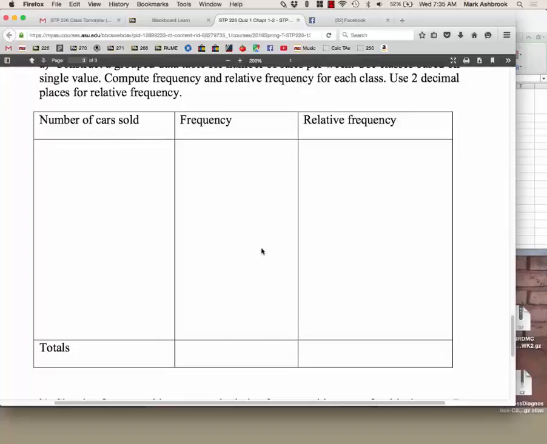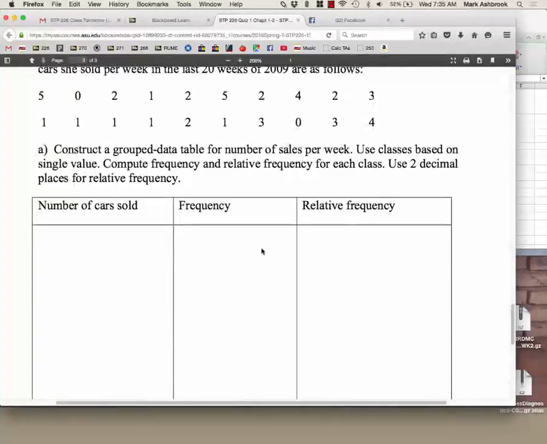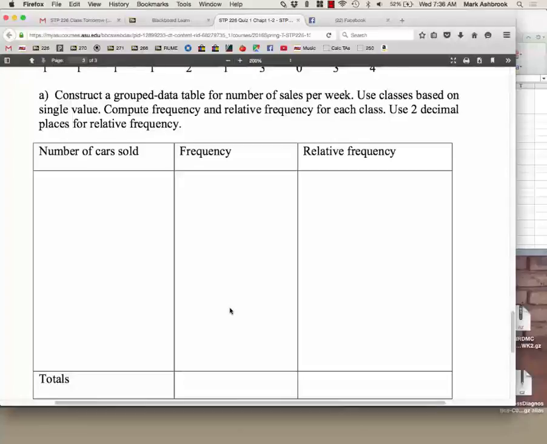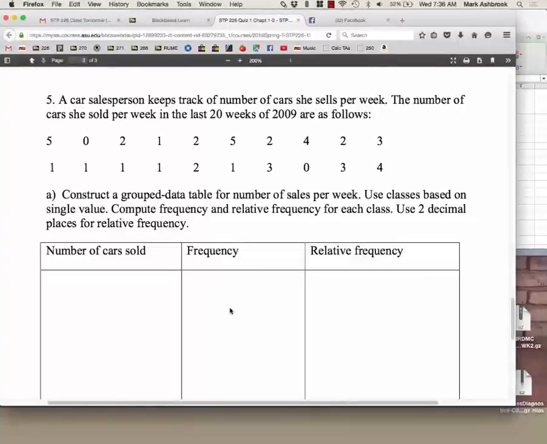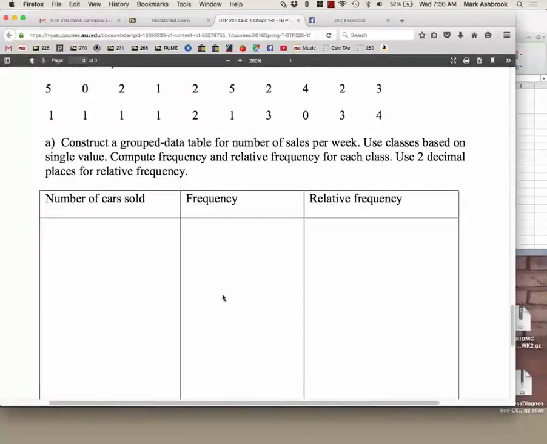You're totaling up frequencies. So if we total up the number of zeros plus the number of ones plus the number of twos plus the number of threes, then what should that add up to? How many data values there are. Because frequencies are how many data values are 1, how many are 2, how many are 3. So if you add all those up, you're going to get the total number of data values.